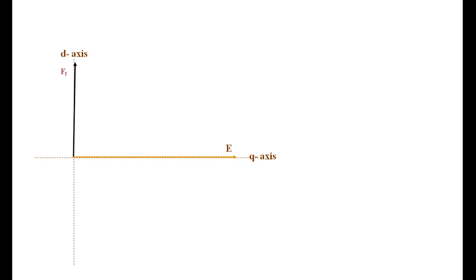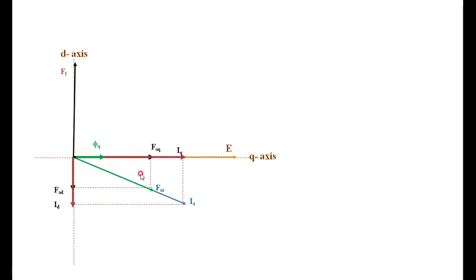That is the main flux. Because of the main flux, there is an induced voltage along the q axis. Then, considering a lagging load, because of IA, I have got a flux MMF FAR. This IA also can be resolved into IQ and ID, and this FAR is resolved into FAQ and FAD.